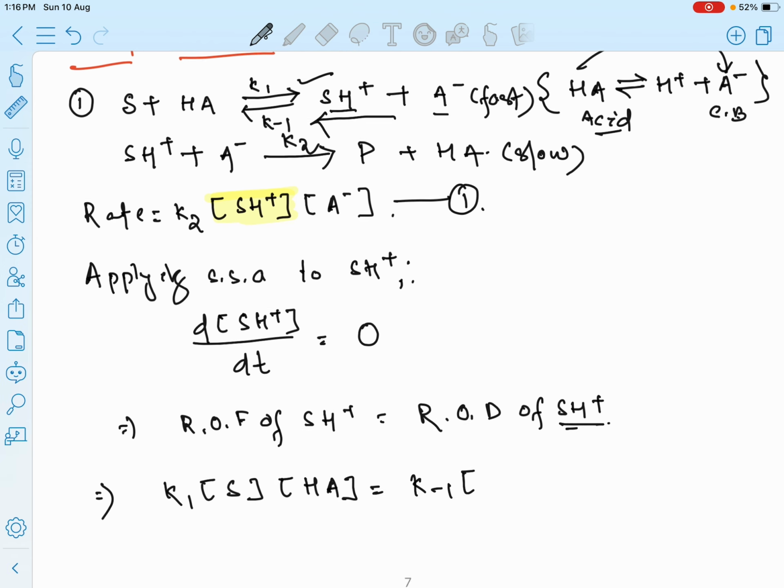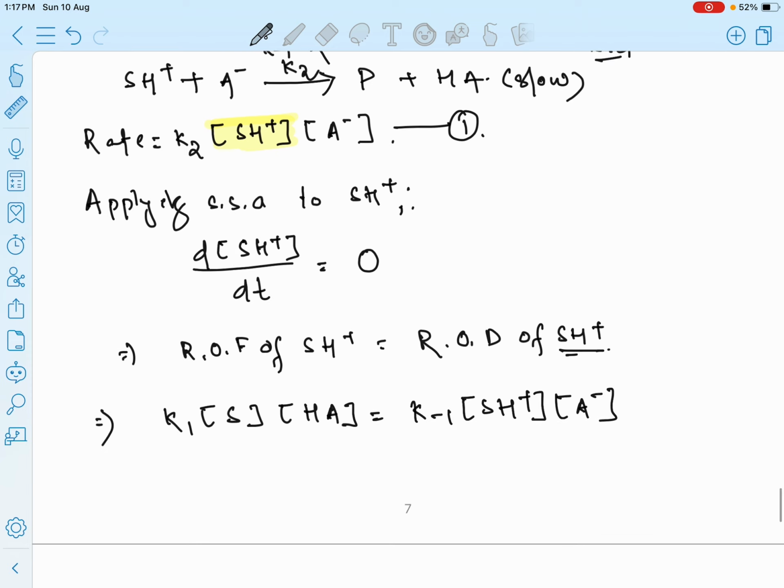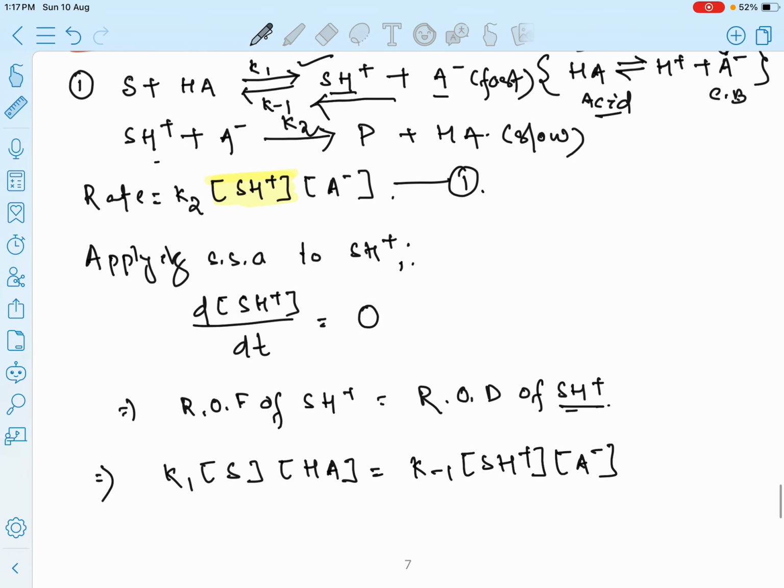This is in this case, and the reactants are SH plus and A minus, and the rate constant involved is K minus 1 times SH plus concentration multiplied by concentration of A minus. And again in this reaction also the SH plus is deforming, therefore the rate is K2 proportional to the concentration of SH plus and A minus.